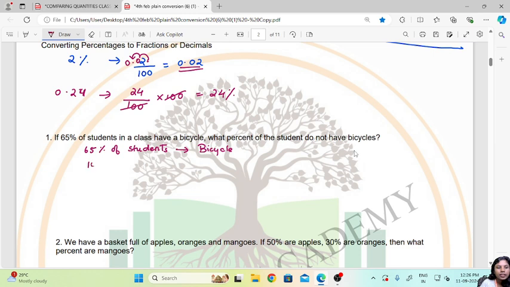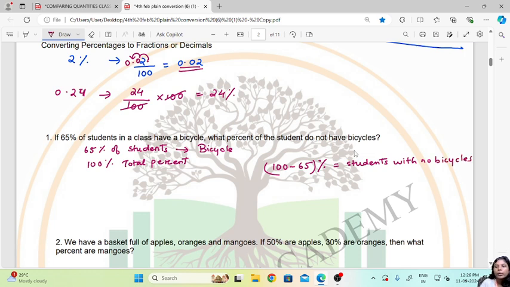So we can say that 100% is the total percent. So 100 minus 65% will be equal to students with no bicycles.